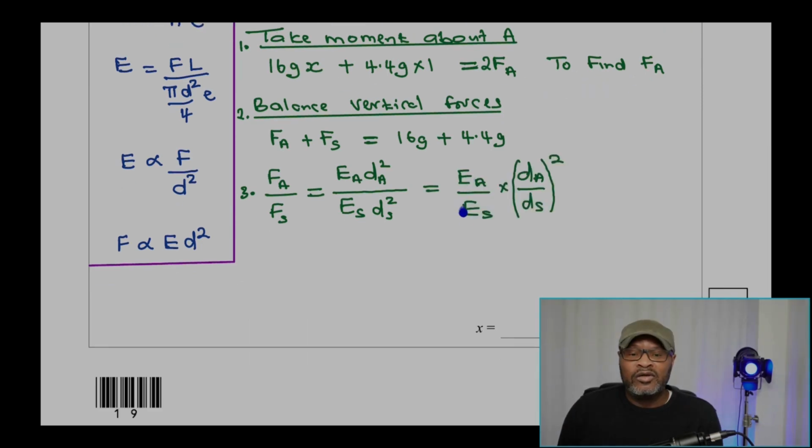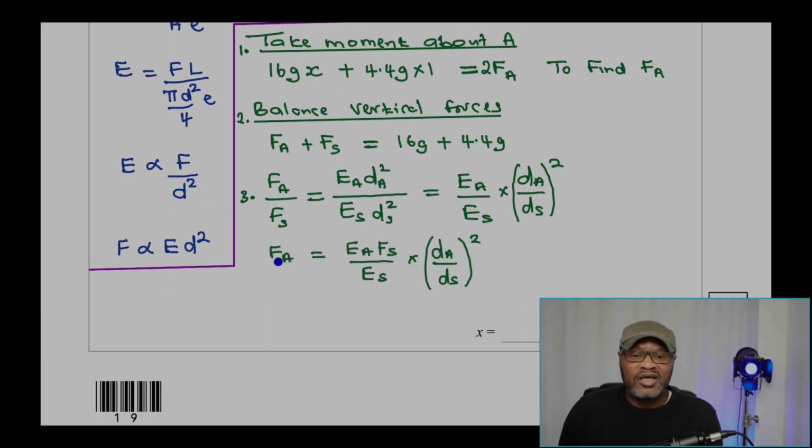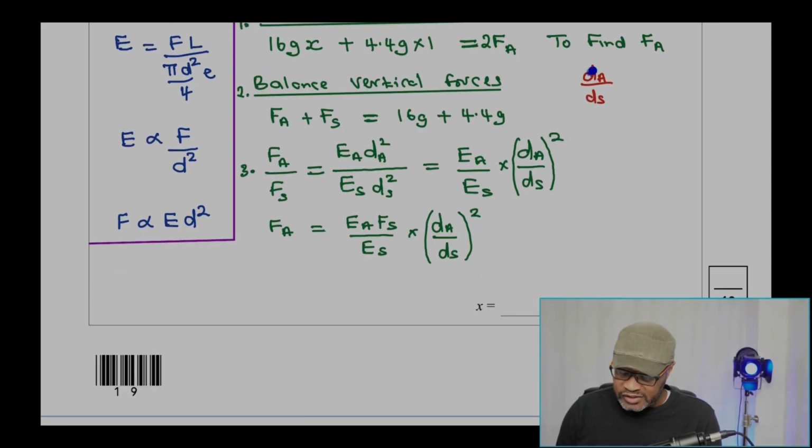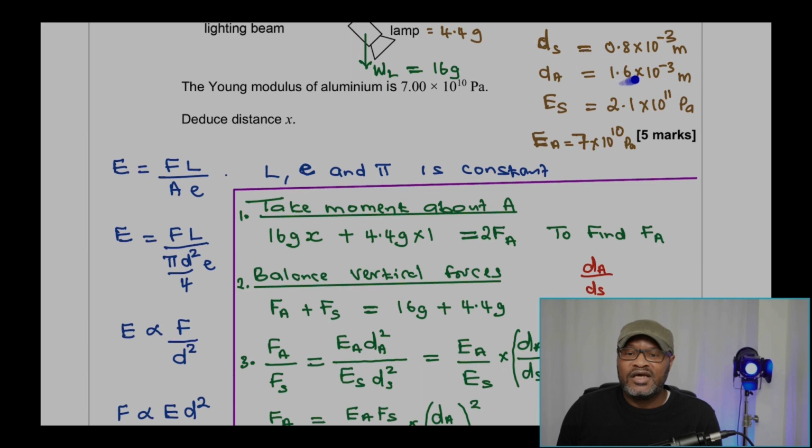So now we know the ratio, because EA over ES times dA over dS all squared. So I've taken this squared out, and we can then write FA, which is what we're looking for, as EA times FS, making FA the subject, over ES times dA over dS all squared. We know what dA over dS is from the data we're given. You can see dA and dS.